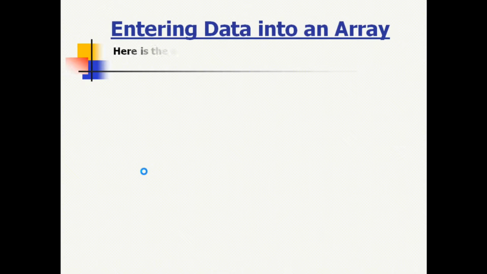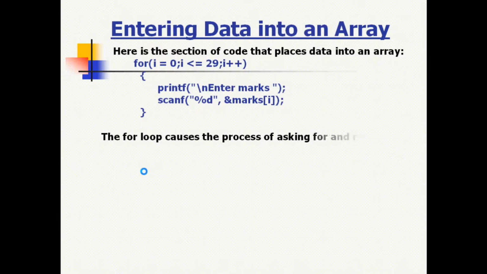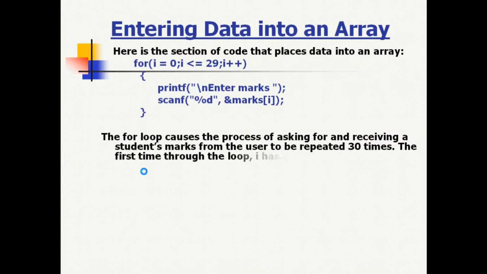Entering data into an array. Here, in the section of code that places data into an array, the for loop causes the process of asking for and receiving a student's marks from the user to be repeated 30 times.